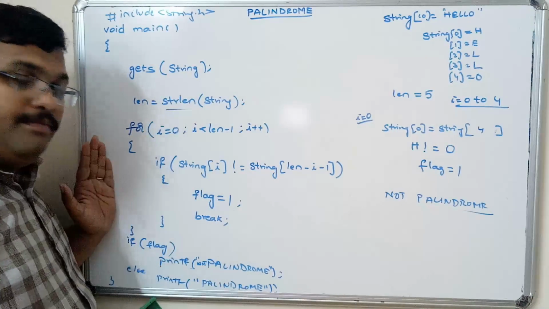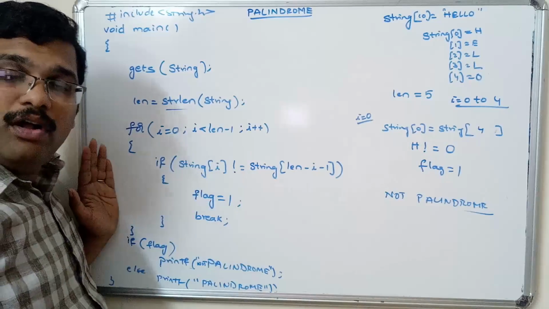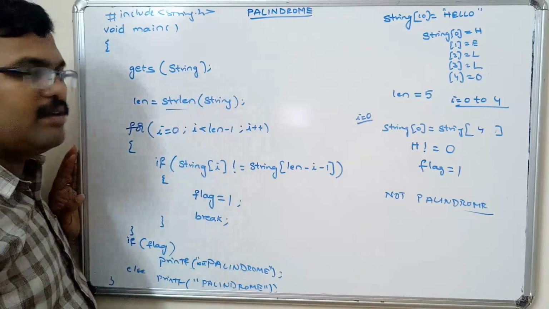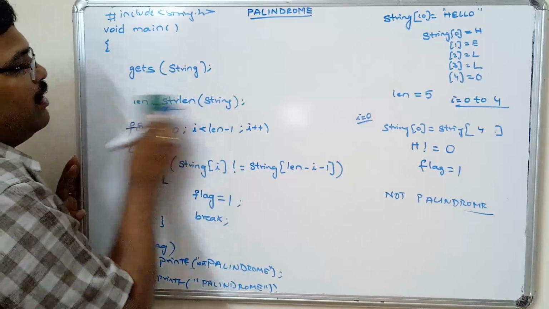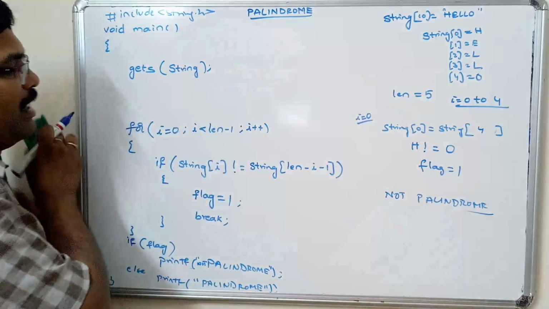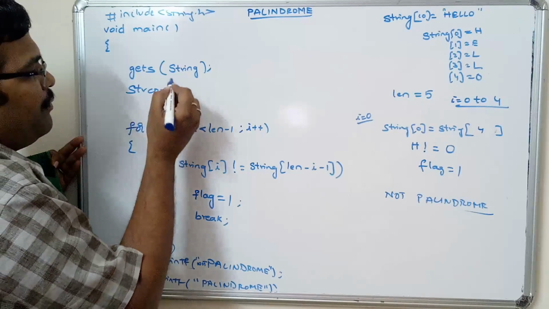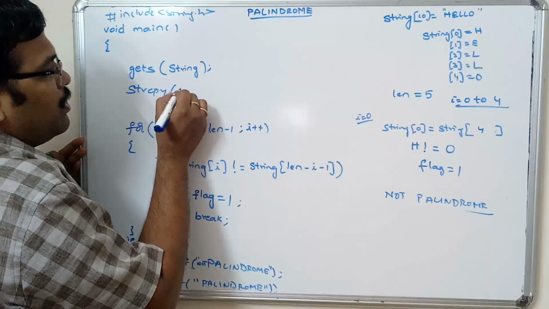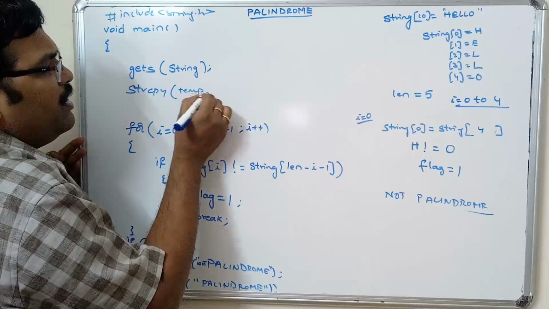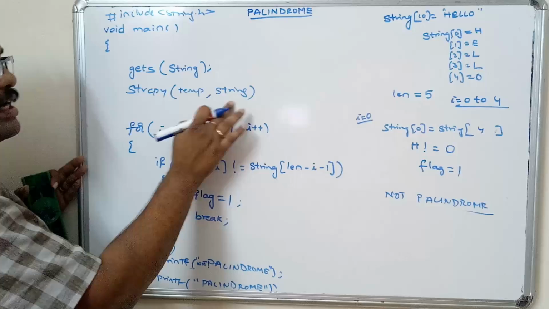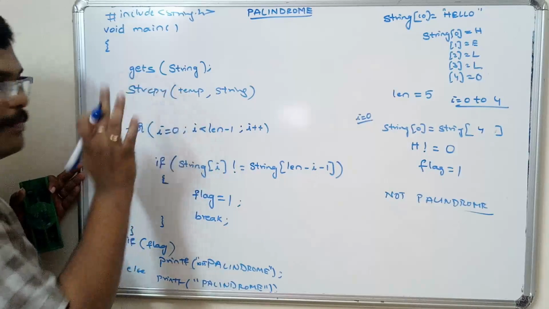And if we want to implement by using all the string handling functions, after reading the string, instead of finding the length, just copy the string to some temporary string. So the content of string will be copied into temp.